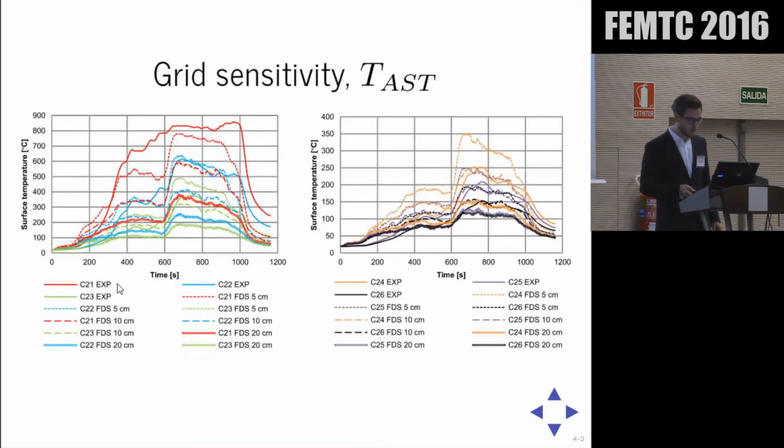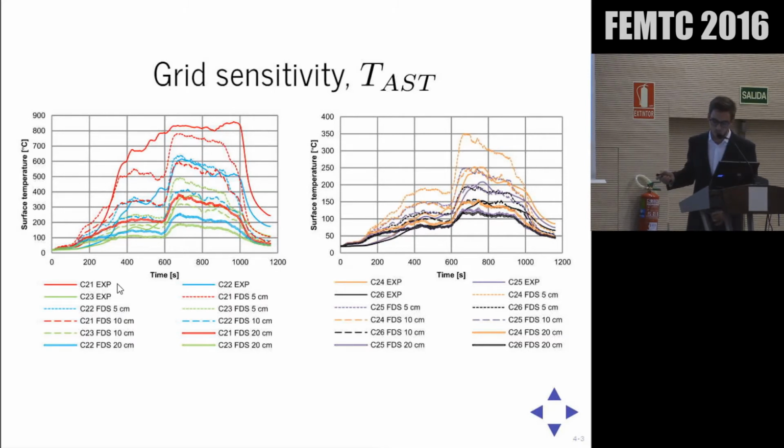So in this graph, we're looking at the temperatures retrieved from the plate thermometers and the modeled adiabatic surface temperatures in FDS. Compared with the previous graph, I don't know if you've seen it, but the values have increased a bit. And generally for the 5 centimeter grid, the AST, the adiabatic surface temperature in FDS, is higher at each position along the facade.